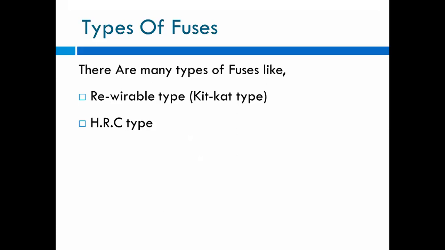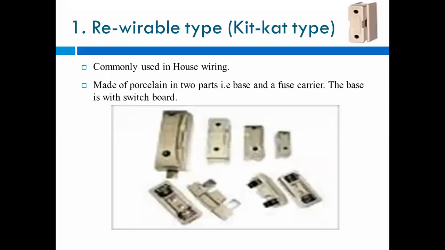For HRC fuses, you can take for example the stabilizer at your home, or some other electronic equipment also. If you check that fuse, it is very small, and these are the HRC fuses. These are the rewirable fuses shown here also. You can just remove this socket and replace the conductor in that fuse.